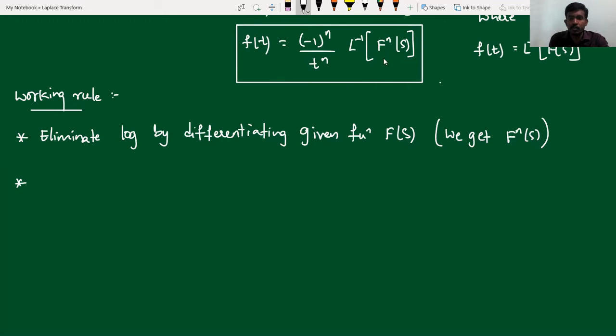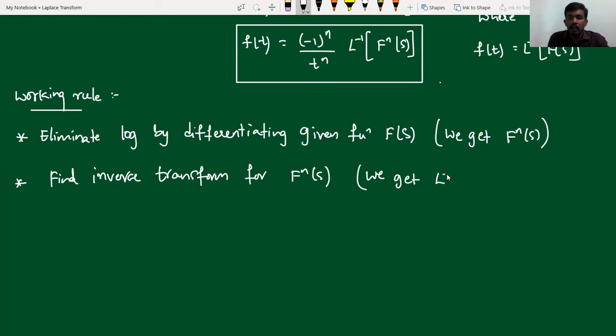So the next step is, once we know Fn, we need to find the inverse. Next, find the inverse transform of Fn of s. So what do we get here? In the second step, we get L inverse of Fn of s.